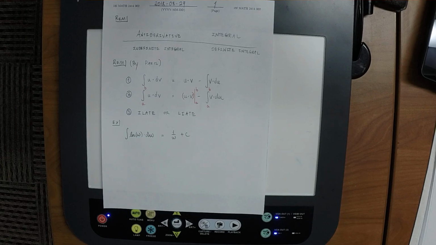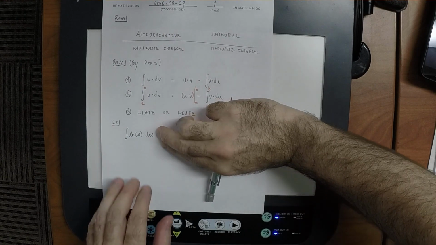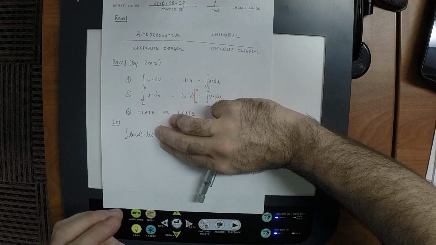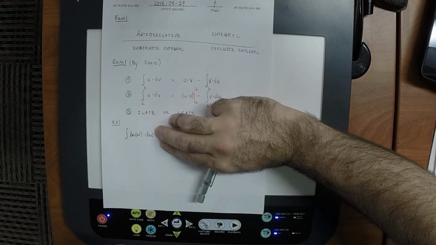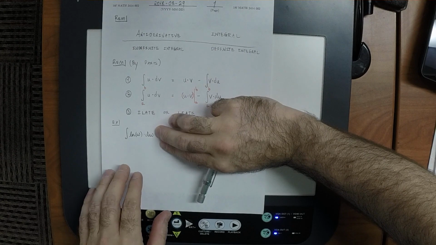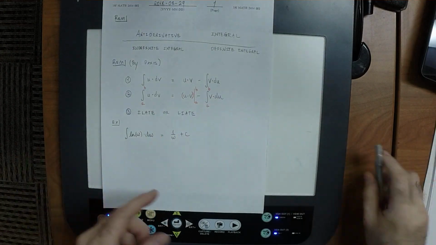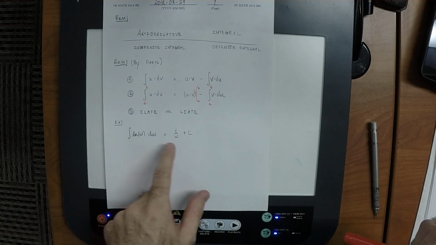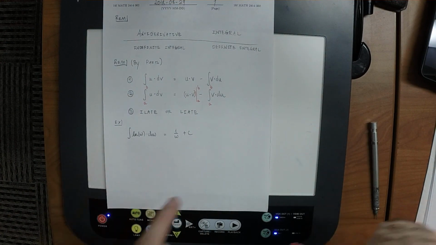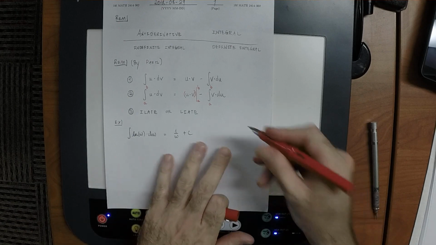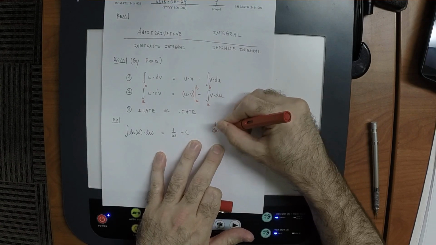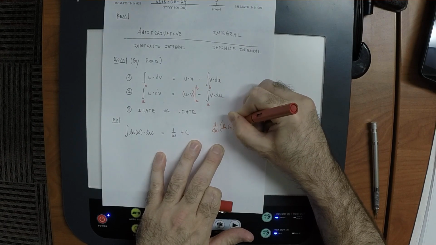Right. What are we trying to do? We're trying to anti-differentiate logarithm of w, right? Okay. So the thing that you do know does kind of look like this, but this is just utterly not right. There is something that actually does look like this. The derivative with respect to w of the logarithm of w is what?